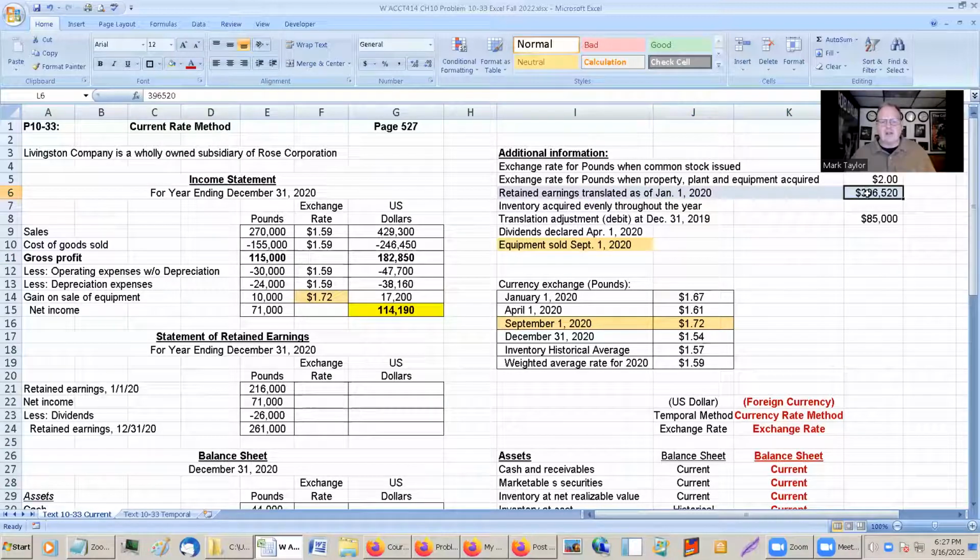So we're just going to take this and put it down here. And again, that's because it's from the previous years. If you didn't just keep that as a running total, you'd have to go back and calculate for 25 years of owning the subsidiary or whatever. Okay, so this is a given number in this one.